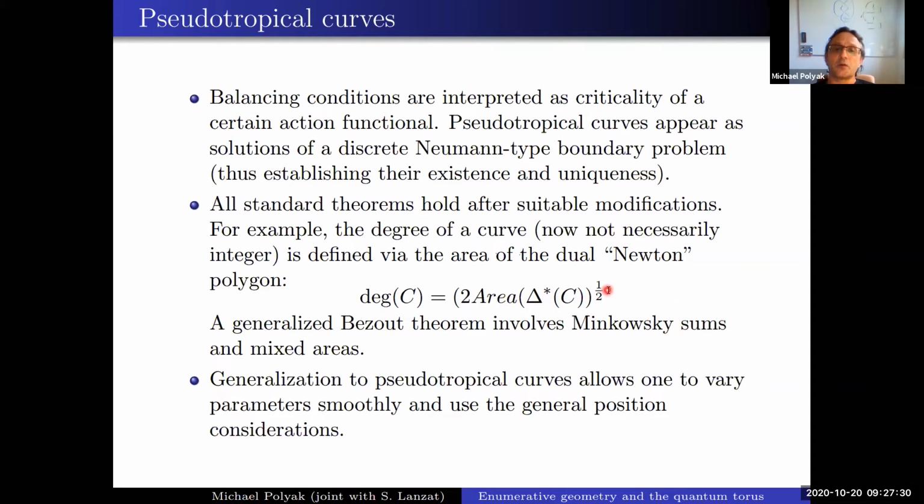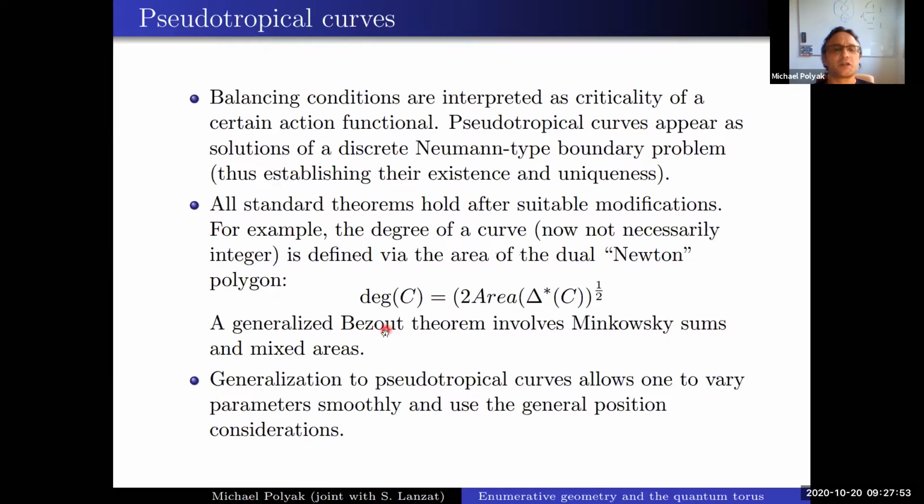So you take the square root, and it should give you d. And it turns out that the same thing works also in this new setup. So basically, you just generalize the notion of the degree in an obvious fashion. Nothing interesting here. The only feature is that they're not integer anymore, usually.